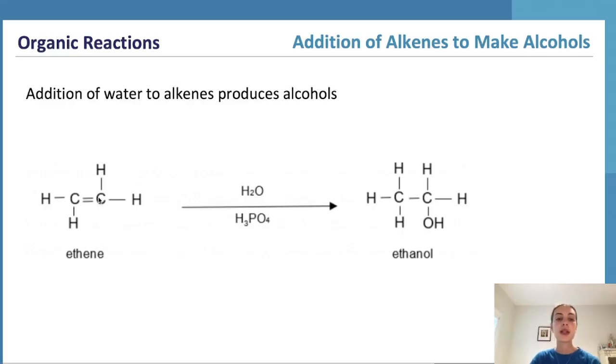And so what we've done in this particular reaction is, like the halogenation ones, we've broken this double bond, and then we've formed a single bond here, and then added the hydrogen and the oxygen and the hydrogen from the water in order to make this ethanol molecule.